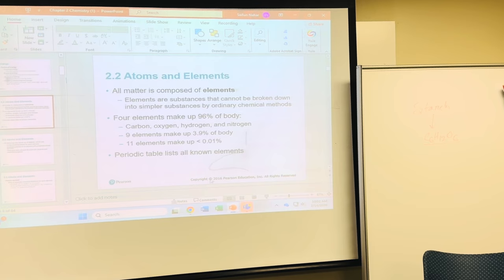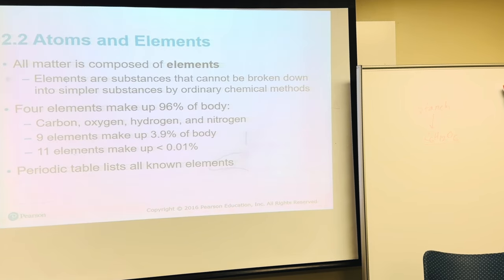Okay. So now the reason we are talking about the elements is because we care about our human body right here, right? So when we say our human body, do you know what are the most abundant elements in our body? 96% of your body is actually made up of 4 elements.